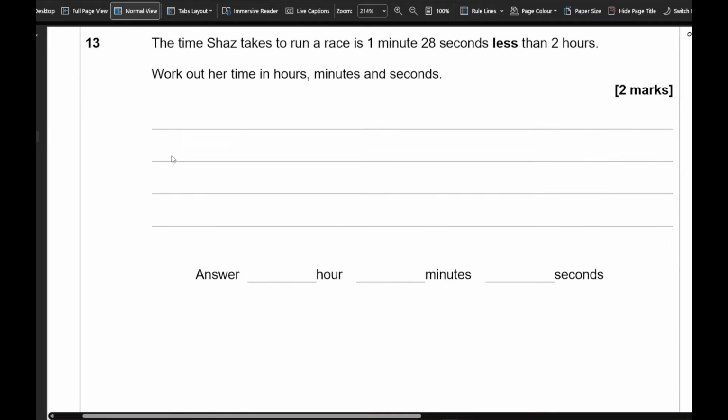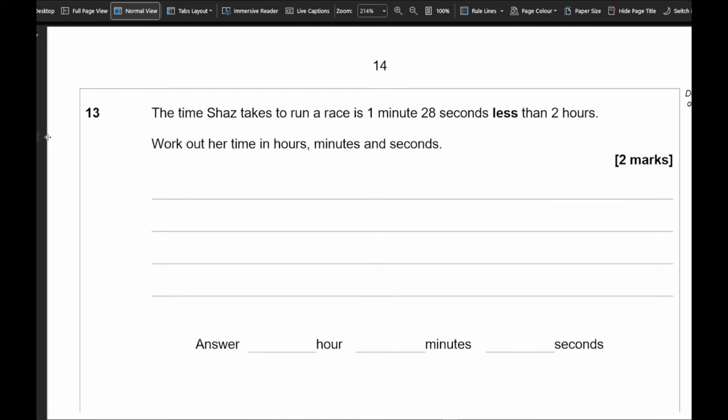Moving on to question 13, it says the time Shaz takes to run a race is 1 minute 28 seconds less than 2 hours. Work out her time in hours, minutes and seconds. So for this, you can do this on your calculator using the time function. We type in 2, and then press the time function, then 0, press that button again, and then 0, which represents 2 hours.